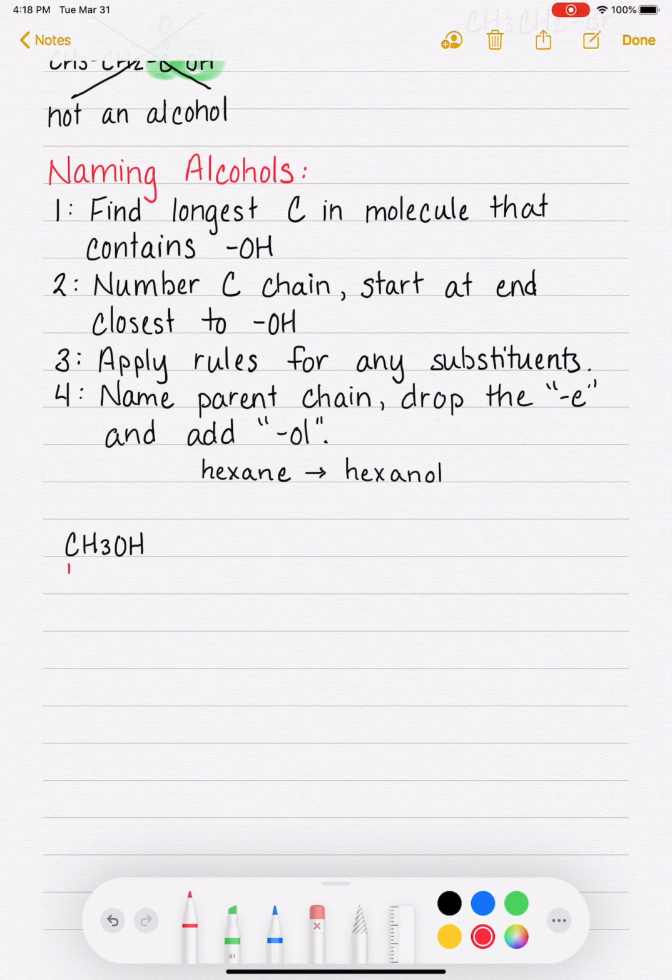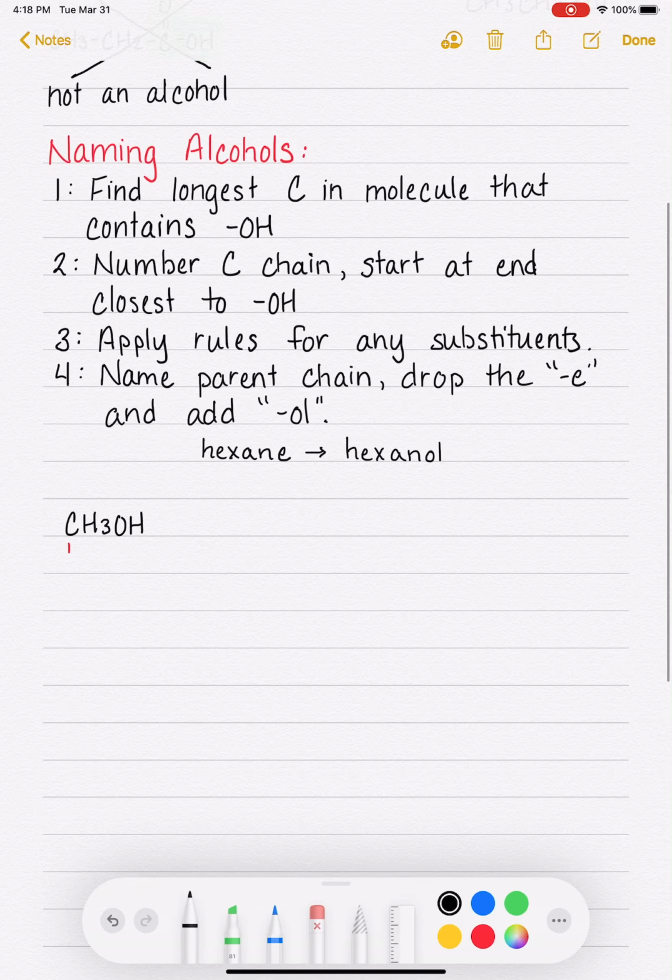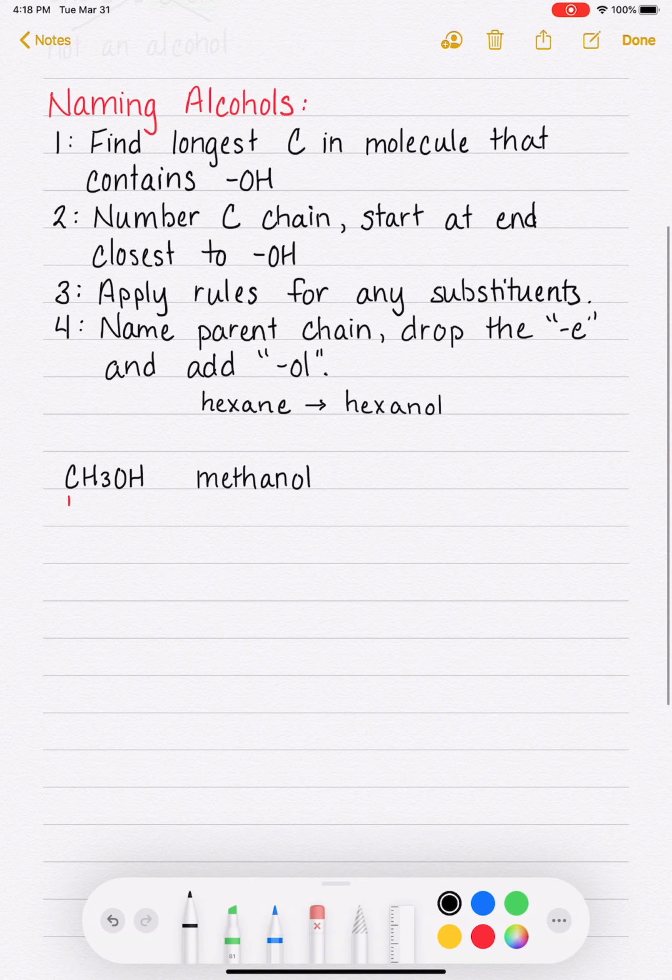Apply any rules for substituents. Well, this molecule doesn't have any substituents, doesn't have any branches, so we don't have to worry about that. And then we are going to name the parent chain. A 1 carbon molecule is methane, but because this is an alcohol, we're going to drop the E and replace it with "ol." So this is methanol. That one was pretty easy.